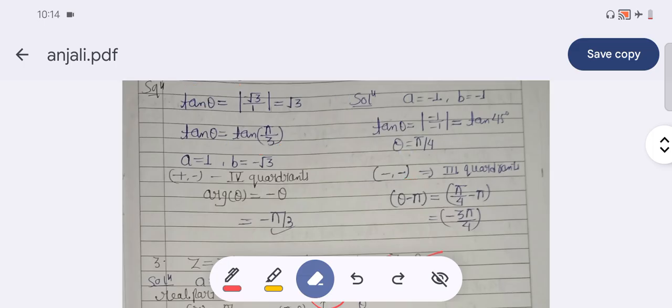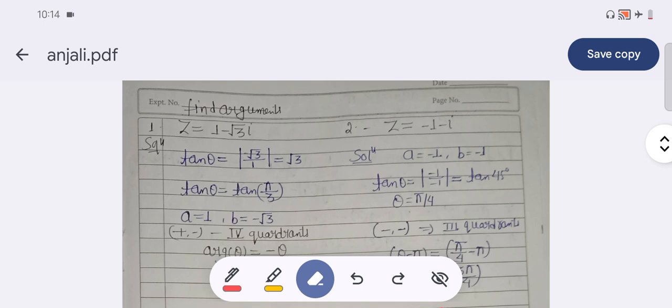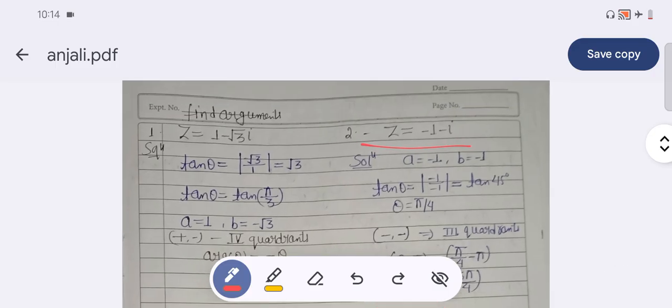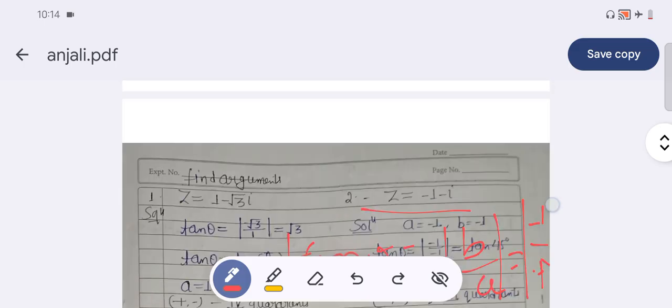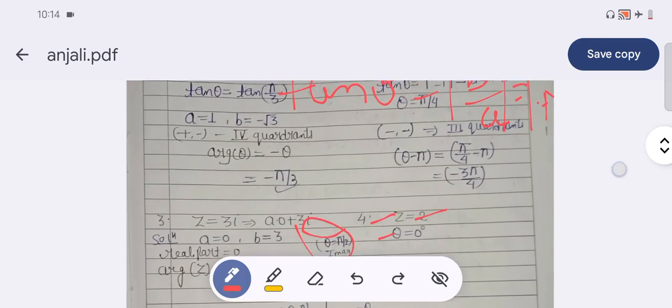We will solve another example. Suppose that we are given z is equal to minus 1 minus iota. First of all, we will find out the value of tan theta. We know tan theta is equal to mod of b upon a. What is the value of b? Minus 1 upon minus 1.